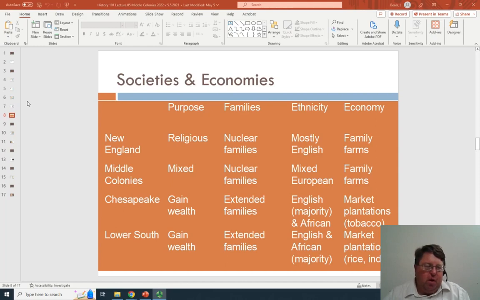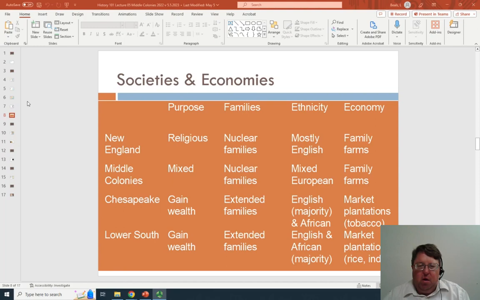They're still religious, but more secular from their point of view, and more interested in making money, an economic reason for their colony. Remember, by 1700, colonial New Englanders are shippers, shipbuilders, merchants, traders, right?